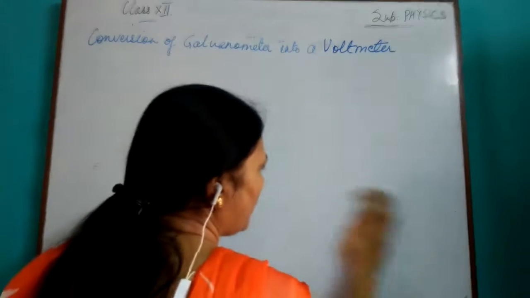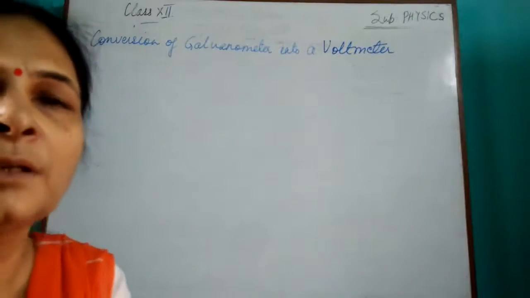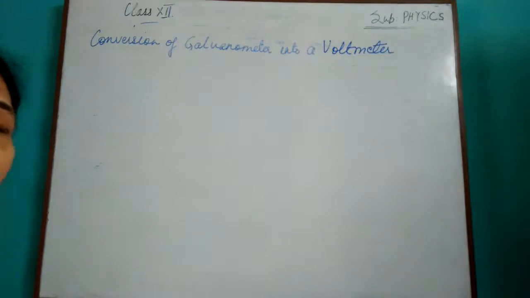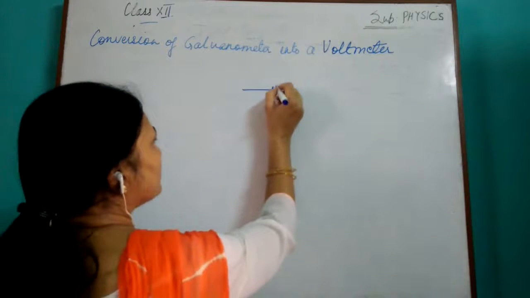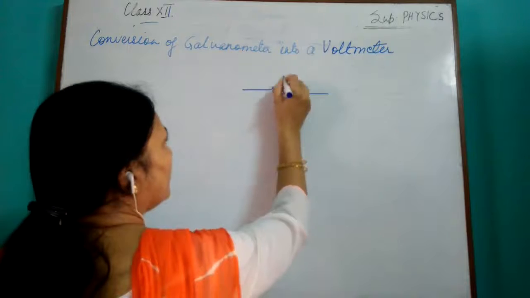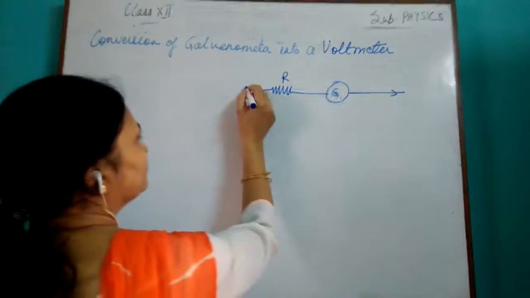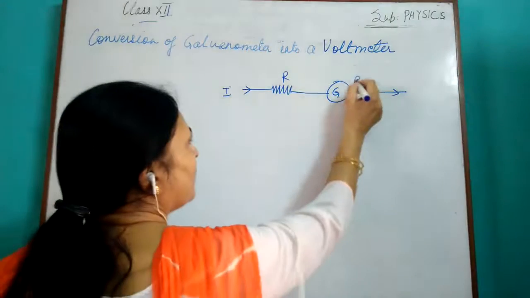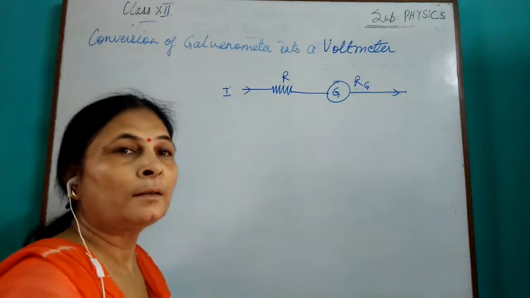Again there can be a 1 mark question: how can you convert a given galvanometer into a voltmeter of given range? So the answer will be, it can be converted into a voltmeter by connecting a high resistance in series. This you can take as R. So I have connected a high resistance with the galvanometer, Rg.